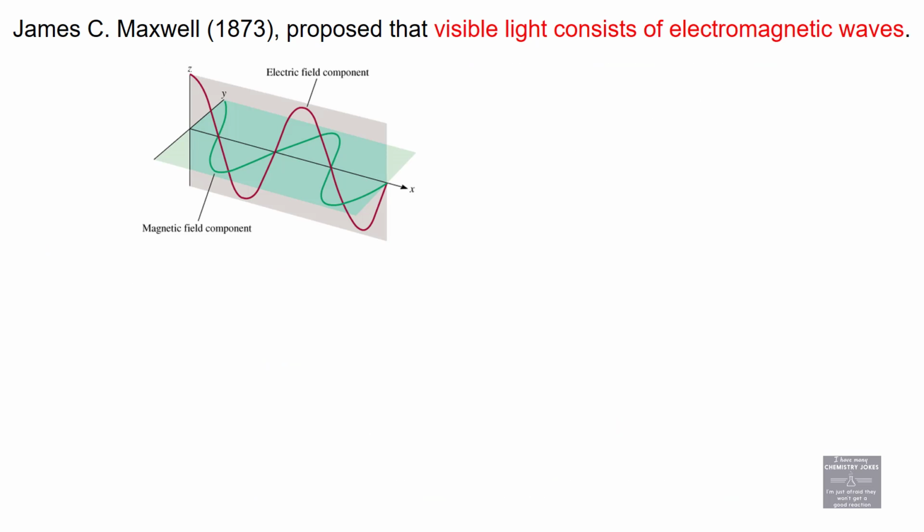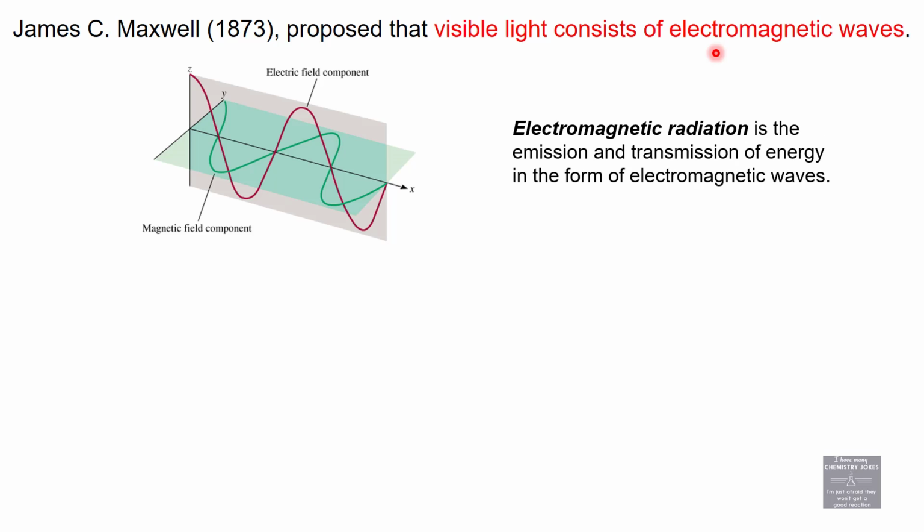So we've talked about red light and blue light, which are both visible light types of waves, but these both fall under the electromagnetic spectrum. Electromagnetic radiation is energy transmission as waves.